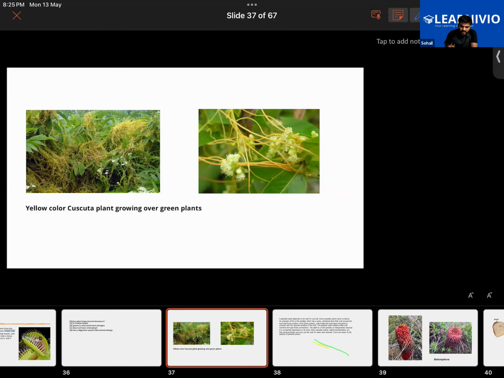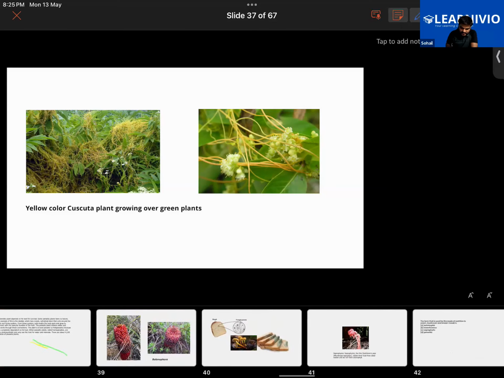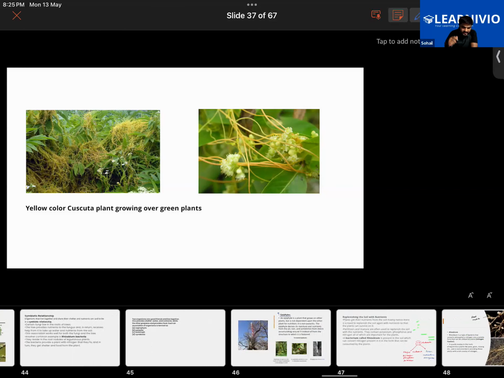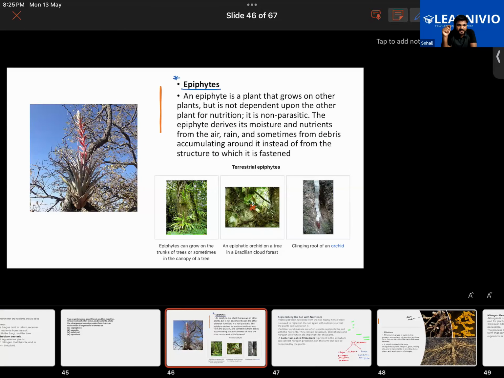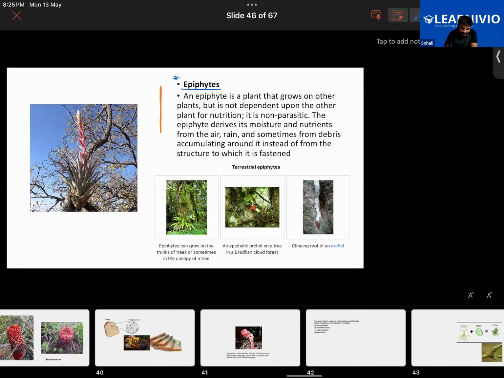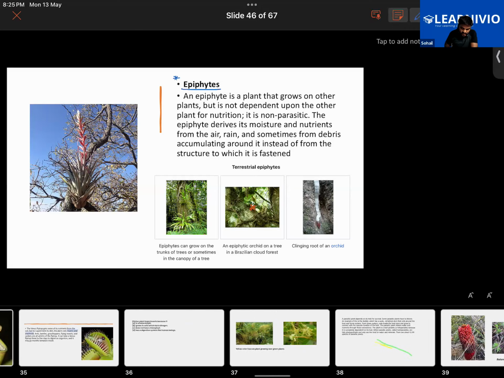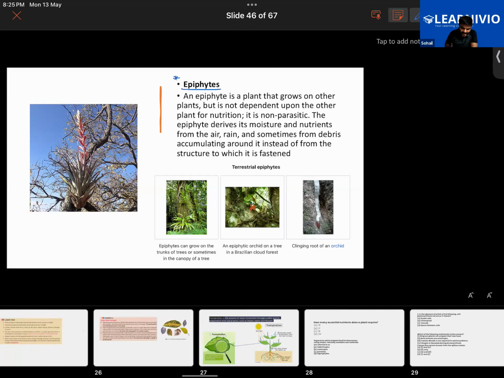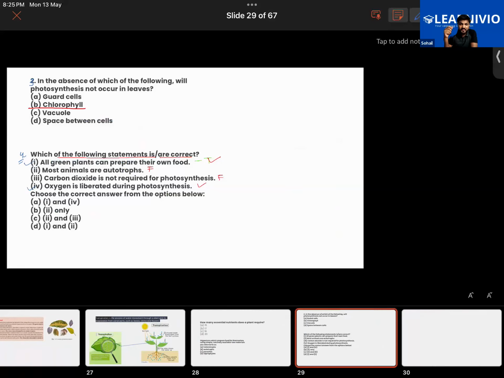Or you can have some other green plants, like this epiphyte. The majority of the green plants on earth, almost all of them, are able to carry out photosynthesis because they have the green color, because of the presence of chlorophyll.